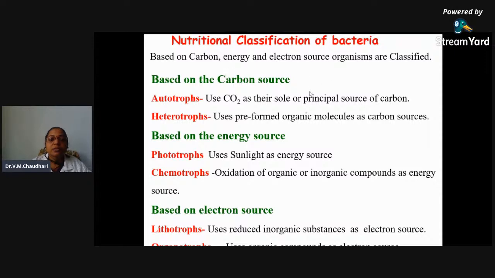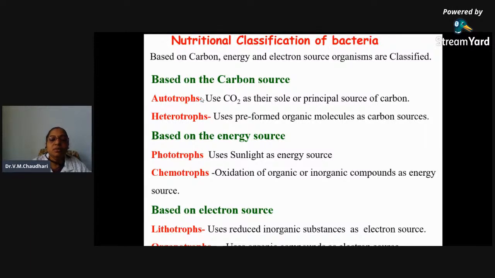Which organisms are included as autotrophs? All the photosynthetic organisms, photosynthetic bacteria like green algae, some green bacteria, algae, and green plants, which utilize CO2 as the principal source of carbon, and with the help of CO2 and water they are able to prepare their own food material.